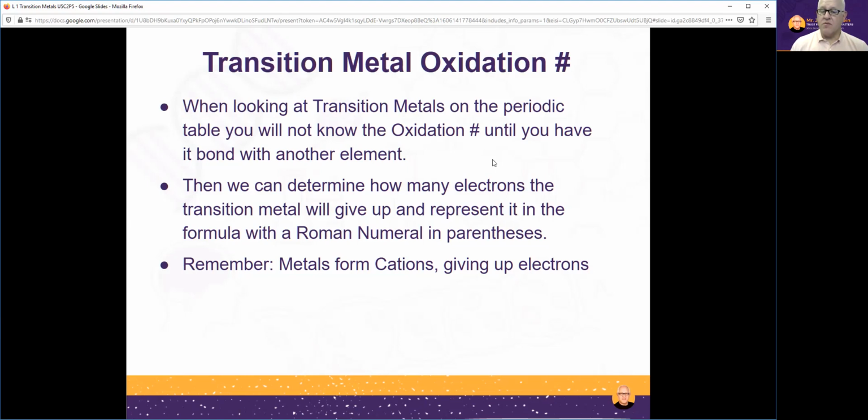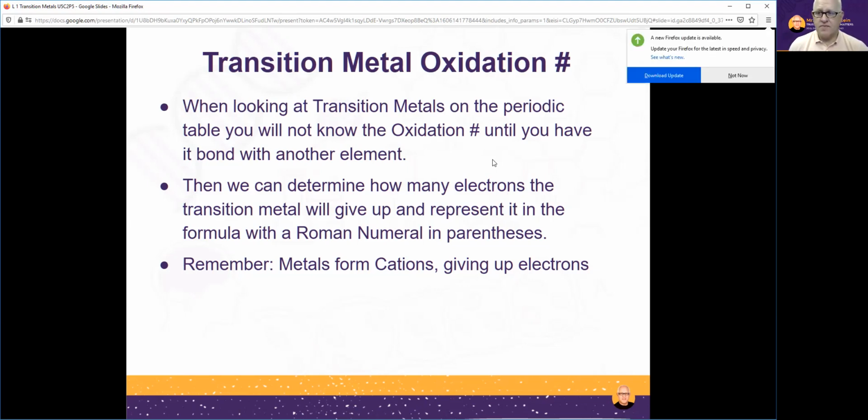And remember, metals form cations, giving up electrons. And so we're really not going to know what the oxidation number is until we see how many electrons the other element's going to need to get. It might need 3, it might need 4. And then the transition metal can give that up because it can take some from one shell and some from another.